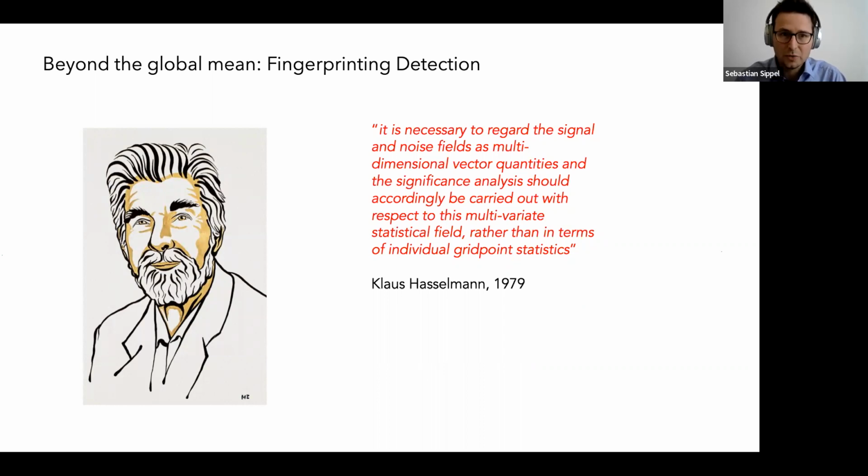That's also part of the reason why I showed you yesterday in the introduction some of these signals where we see different trends in the troposphere and in the stratosphere, or different trends over land and the ocean. Exactly what he means is that we have to look at these large-scale signals rather than individual grid point statistics.